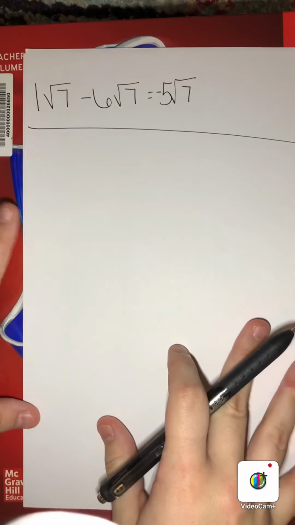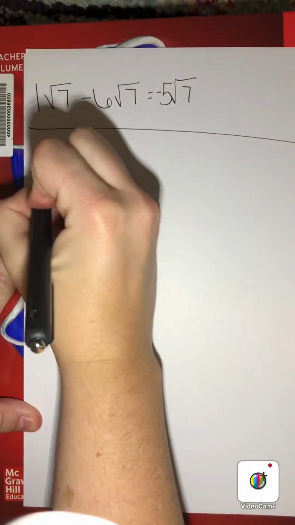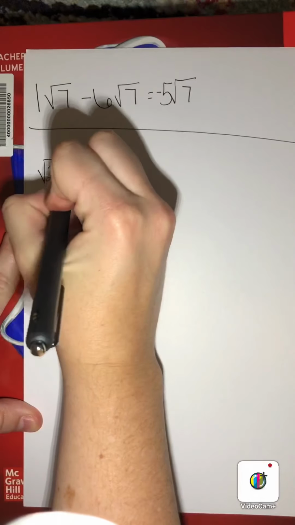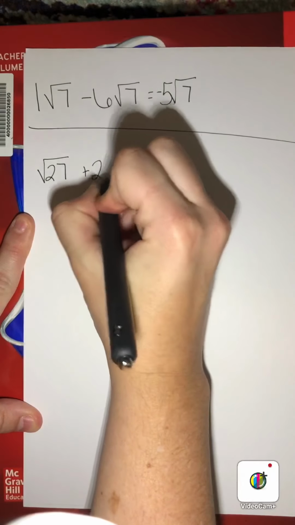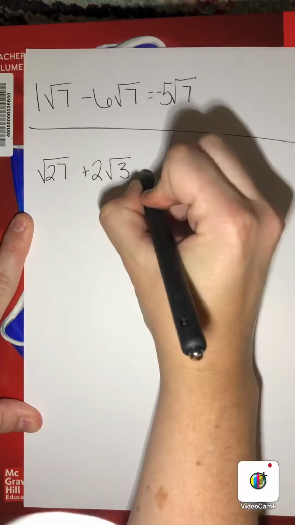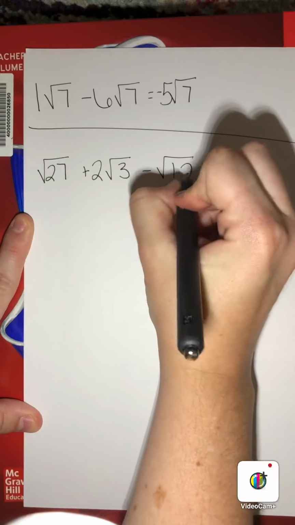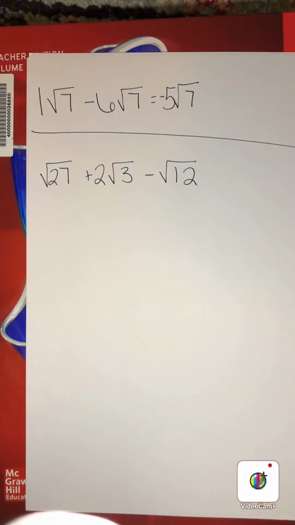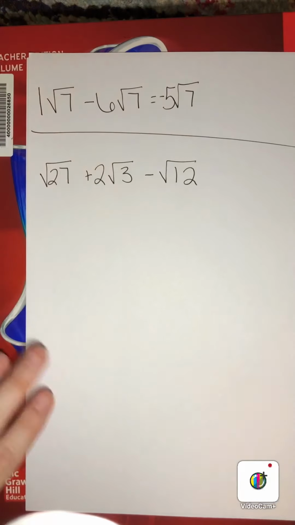All right, the next one that I saw some issues with, we have the square root of 27 plus 2 square root of 3 minus the square root of 12. For this one, the numbers under the radicals are not the same, so we can't just combine them. We're going to have to simplify, and in order to do that, we're going to have to factor.